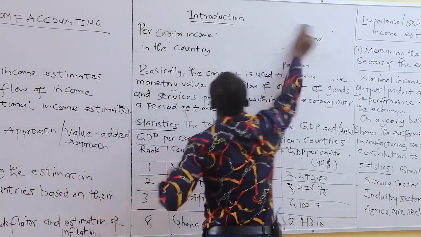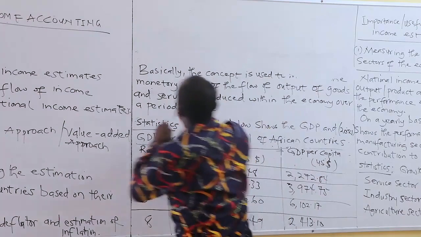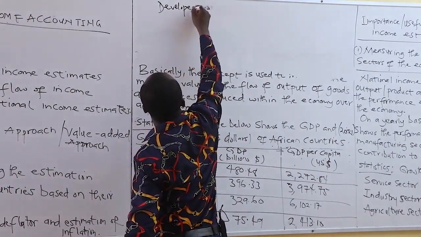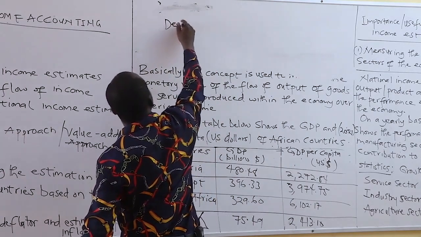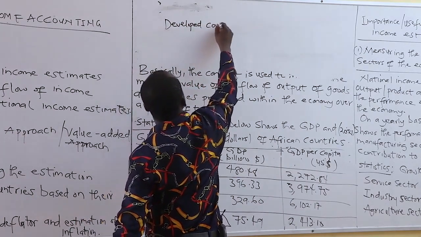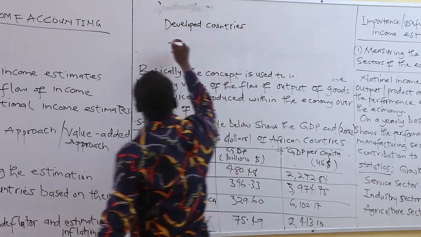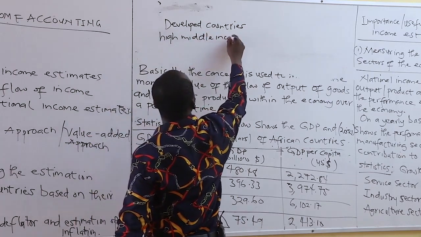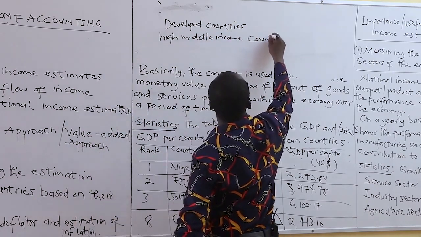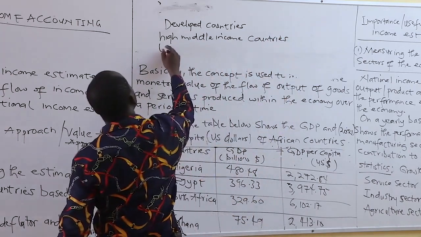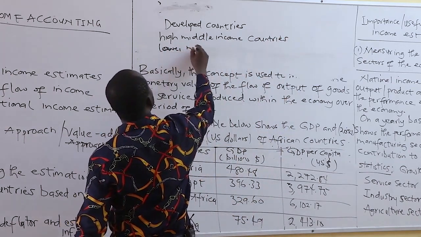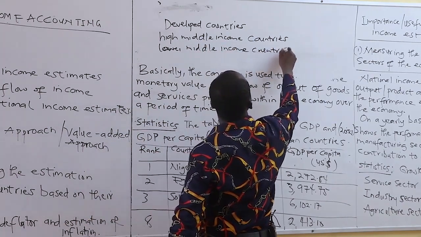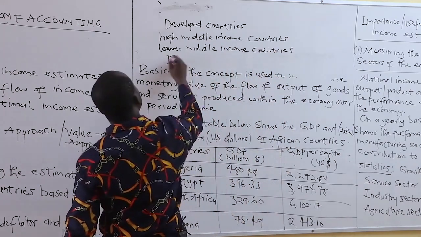So we have this classification: developed countries, higher income countries, lower middle income countries, and developing countries.